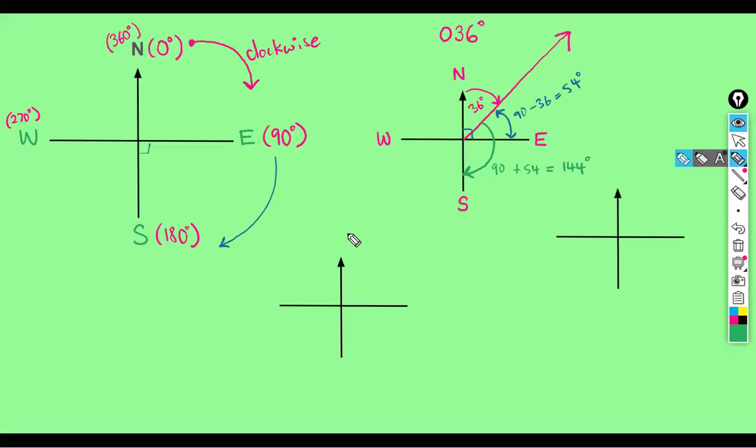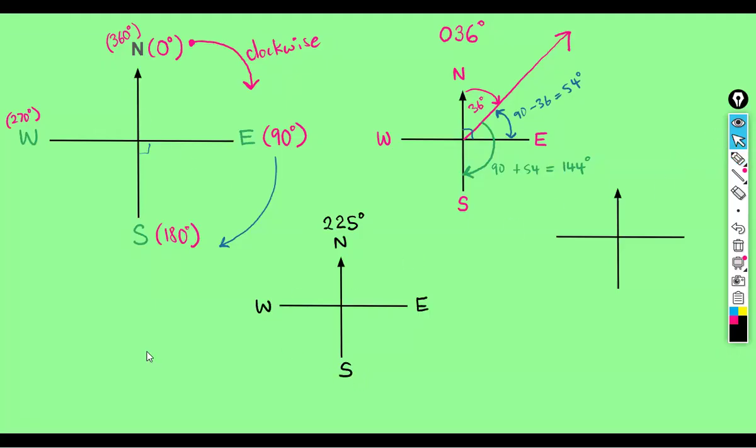Let's say somebody comes and says now, hey, move in a direction of 225 degrees. But this already has 3 values, right? So that's the bearing they want you to move. So here's north, here's east, here's south, and here's west, right?